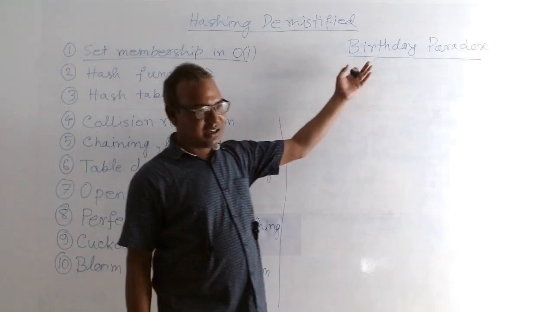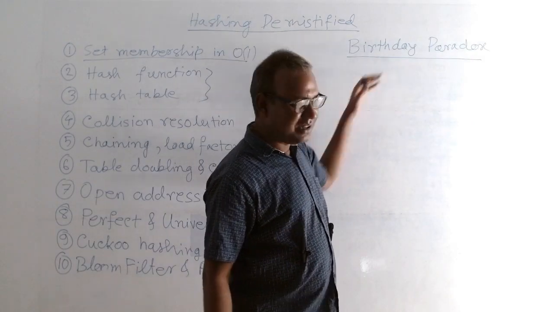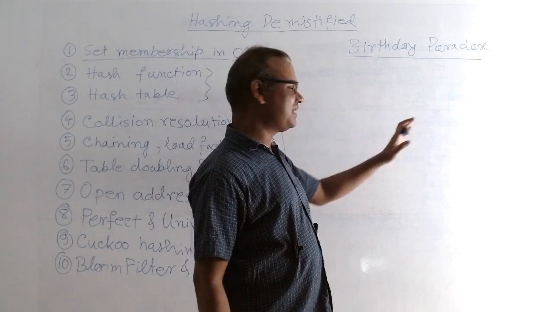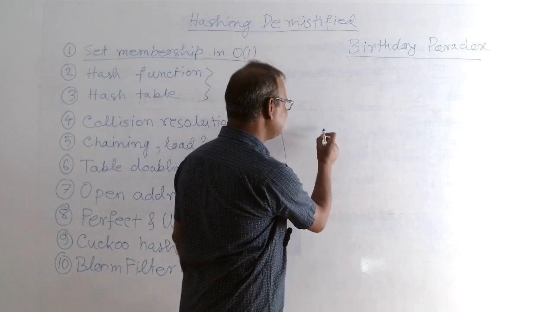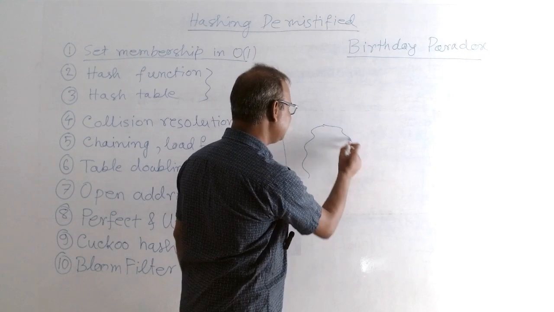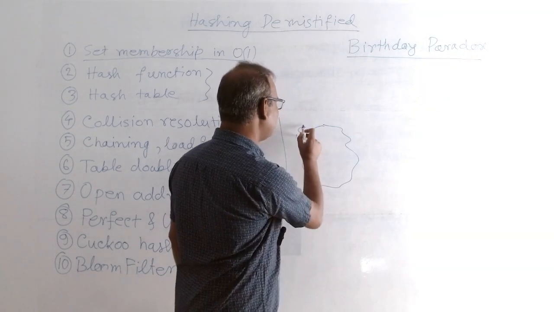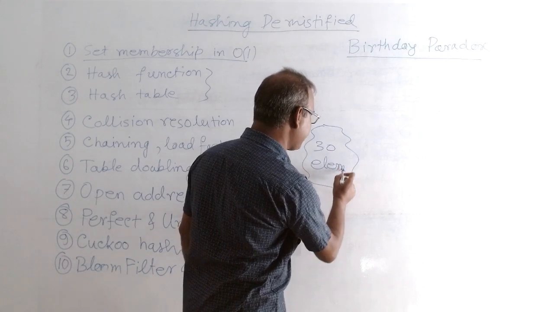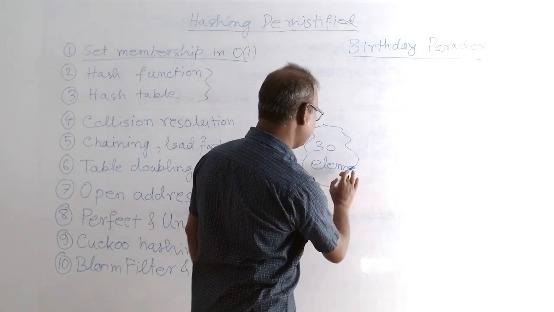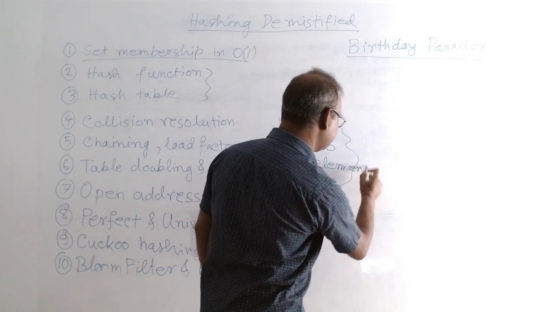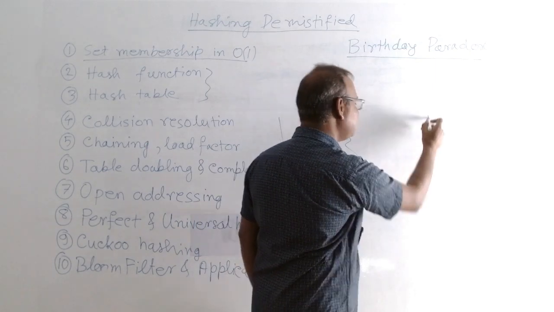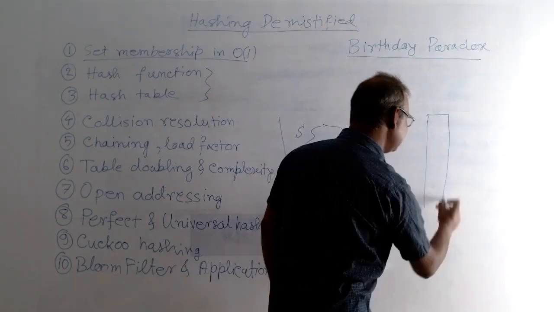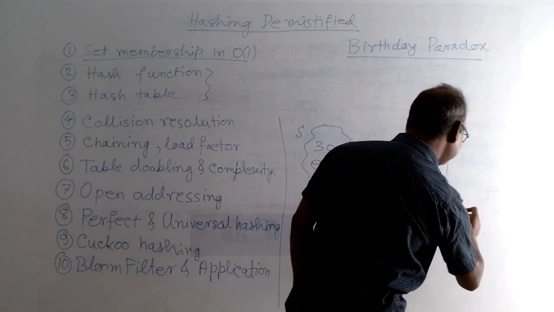If we plot the same scenario in the hash function or hash table, it simply means that we have a set S of 30 elements, and we have a table of size 365.